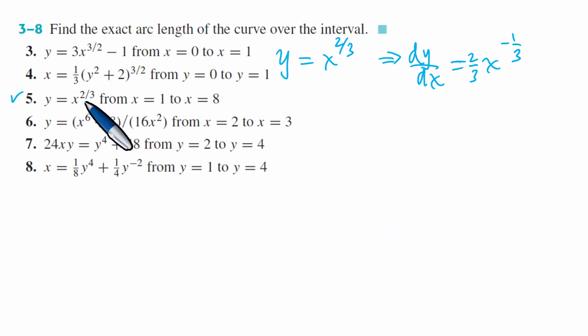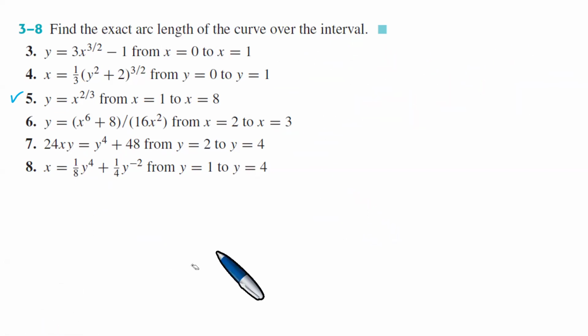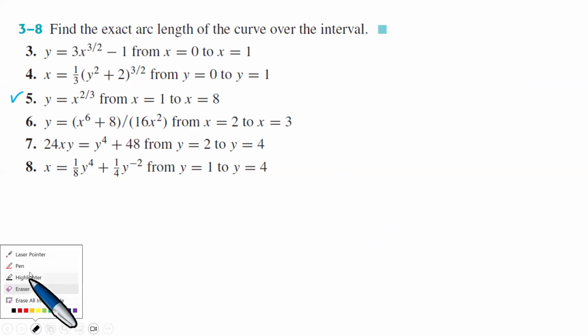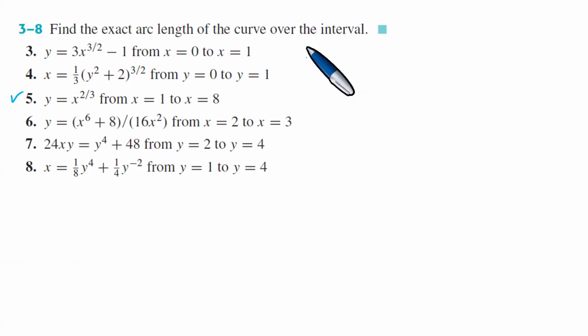Because if you make x a subject, then this is going to be 3/2. And then if you find its derivative, it's going to be nice. Okay, that's what I'm going to do. I'm going to make it much easier. So to make it much easier, you can look at the powers as well. Doesn't matter what you do, you can use formula 4, formula 5.